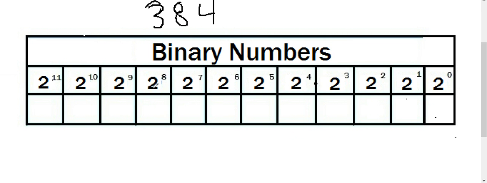256. That goes into 384, but it only goes in one time. So we would have a 1 here. That's 256. So subtract 256 from 384 because that's taken care of already.